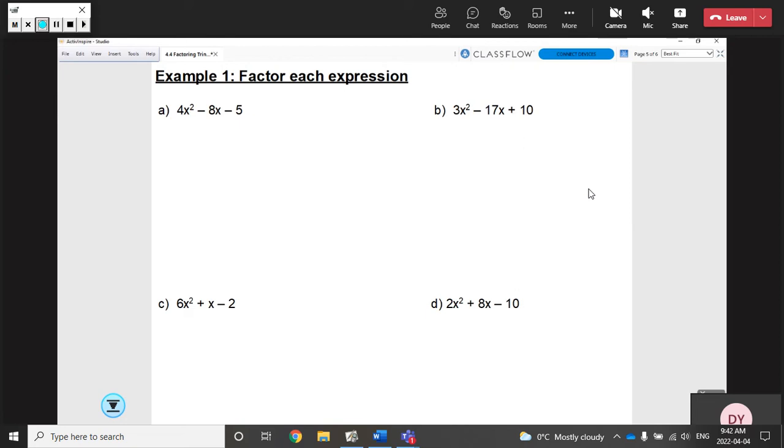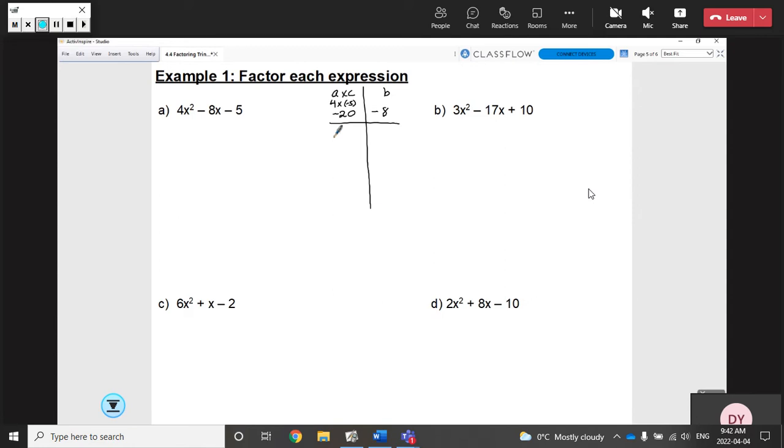All right, let's try this one. We're looking for numbers that multiply to a times c, which is 4 times -5, which is -20, and add to b, which is -8. So what multiplies to -20?